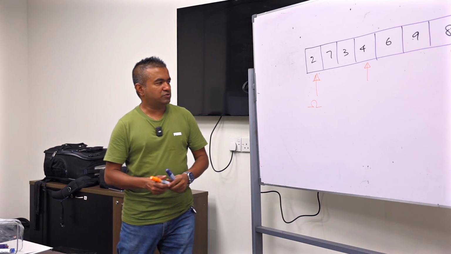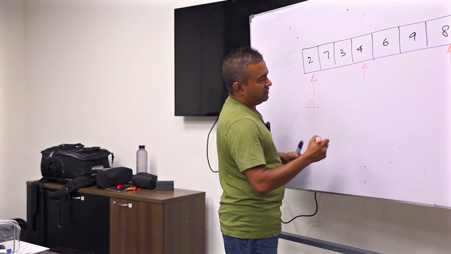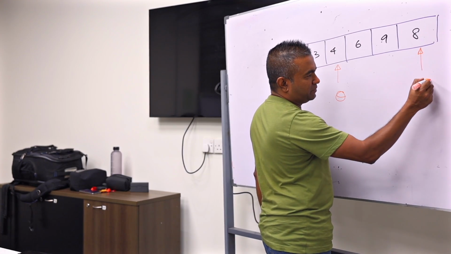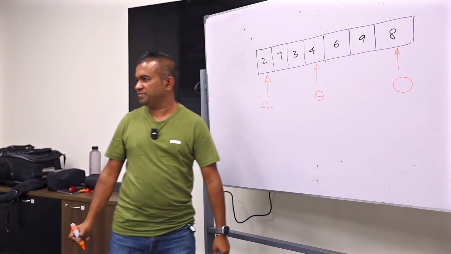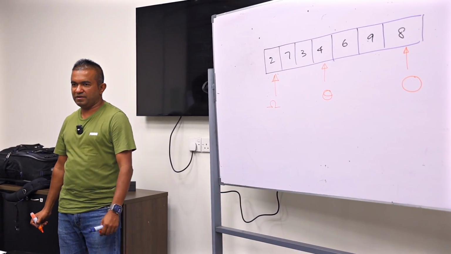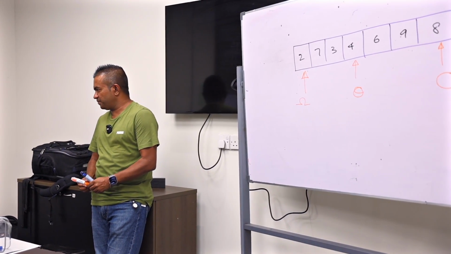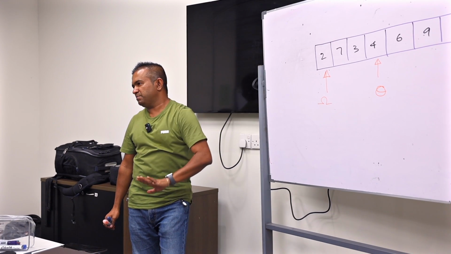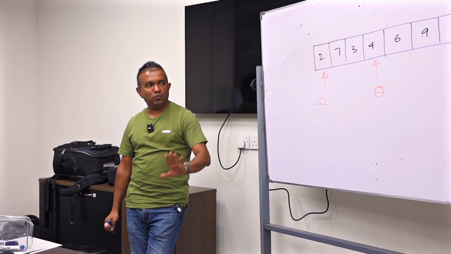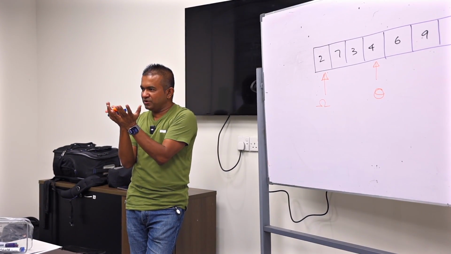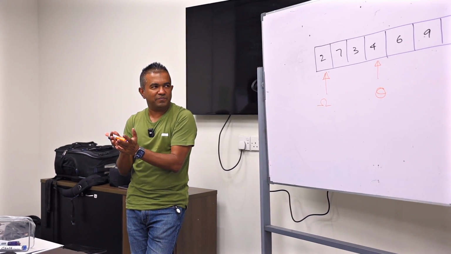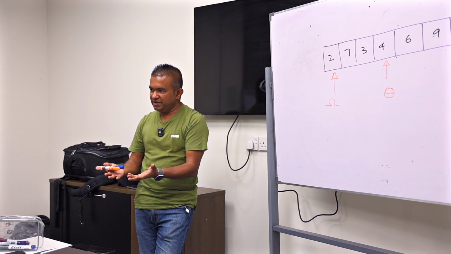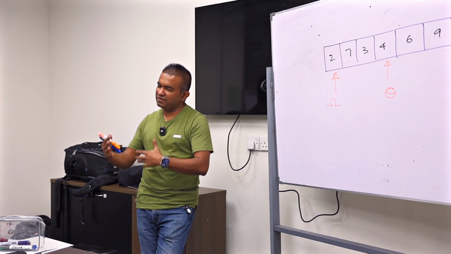Okay? So the average case we represent with theta, and the worst case we refer to with the O. So if you get any code and you are finding a time complexity, when you find the O, the big O, it is the worst case. Why do we calculate the worst?